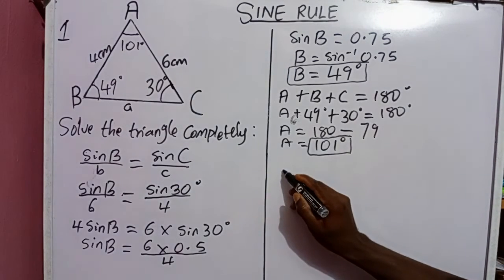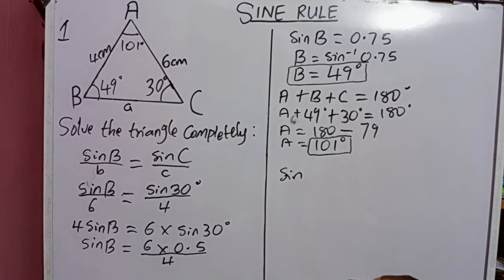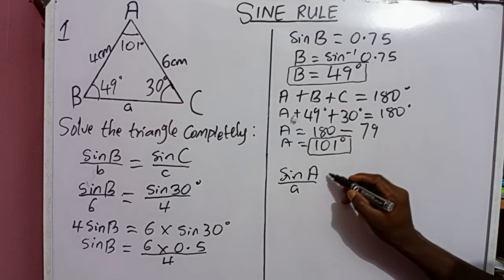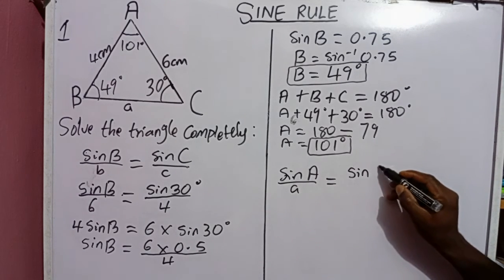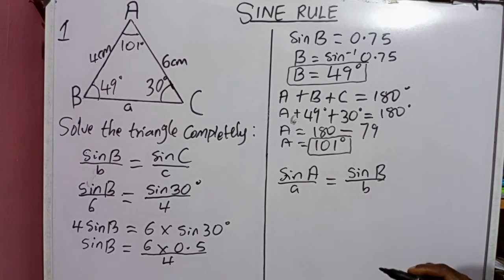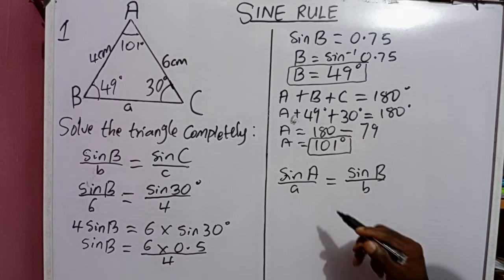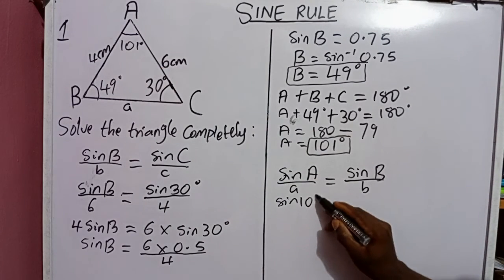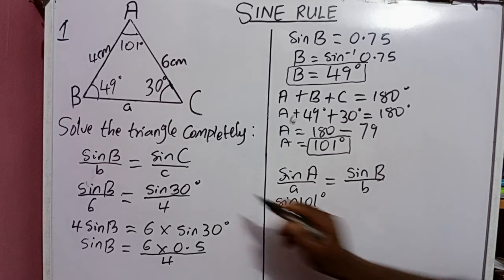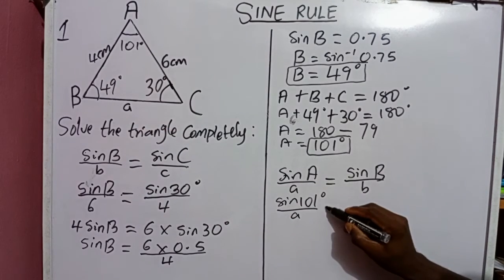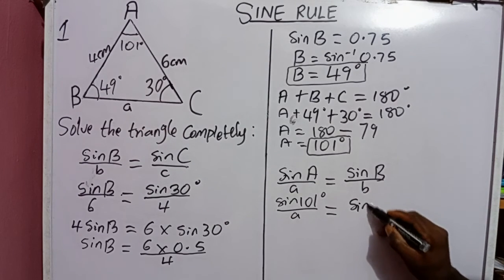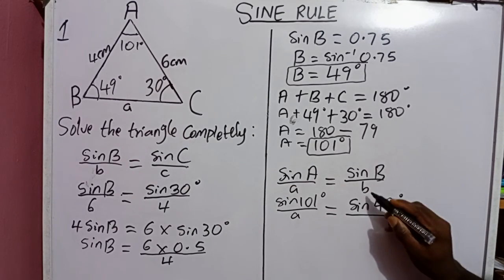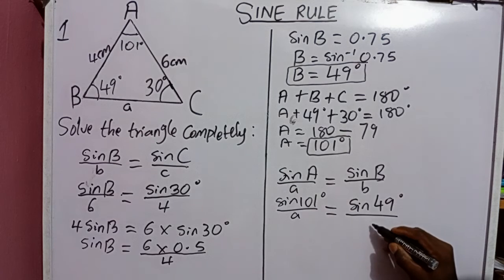So to make such a comparison, I can simply say sine A over small letter a is equal to sine B over small letter b. Applying this, sine A is 101 degrees, small letter a is exactly what we are looking for to complete the triangle, sine B, we already have B as 49 degrees, small letter b, we already know it as 6.